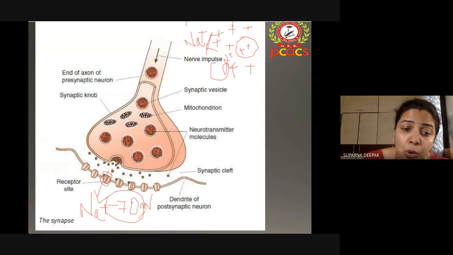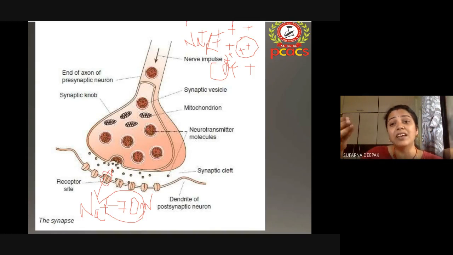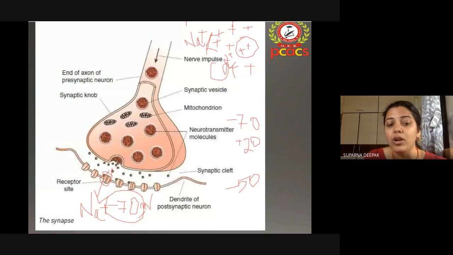Now when your sodium ion starts coming in, there is an inpour of positive ions. Samjho, now 20 ions have come inside. So -70 plus 20, what is the answer? You are getting -50. Now another 20 sodium ions came inside.